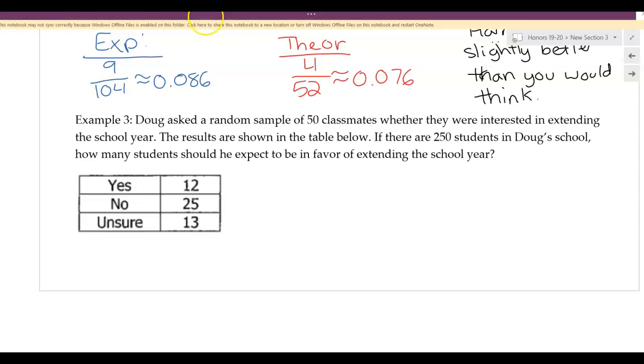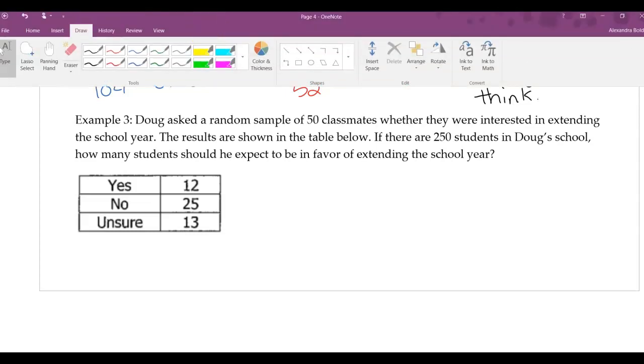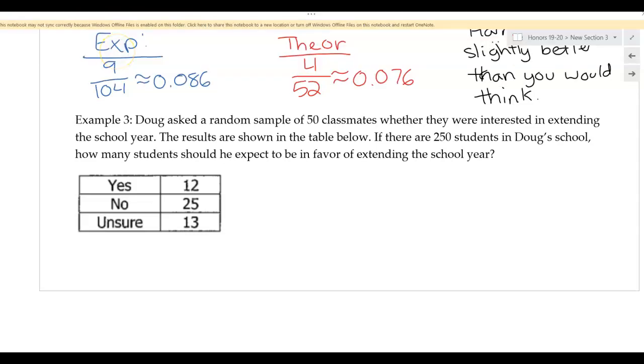So he asked 50 classmates, and I want to know how many students should he expect to be in favor of extending the school day. Well, the probability of yes, being in favor, is 12 out of 50, which equals 6 out of 25.